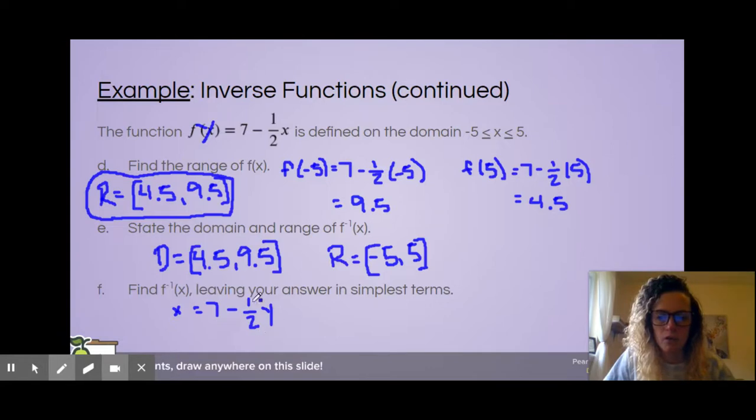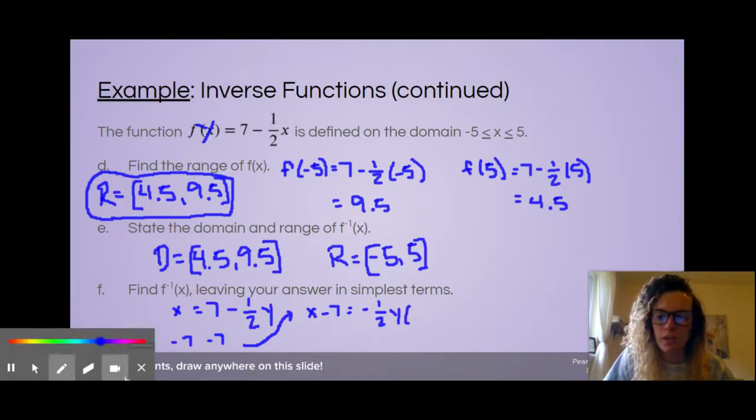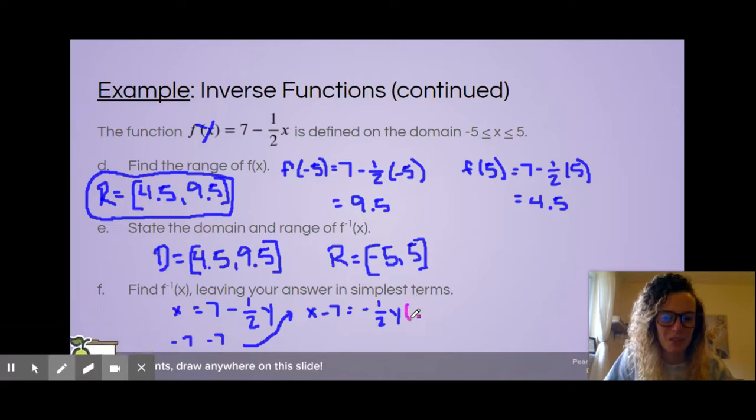Then go through the steps to re-isolate y. y right now is being multiplied by that -1/2, after I first get rid of that 7. Just like we were talking about in the previous slide, I can either divide both sides by that -1/2, or, like I said previously, I just like to multiply if I can. Multiplication is easier to do in my head. So I'm going to multiply both sides by -2.